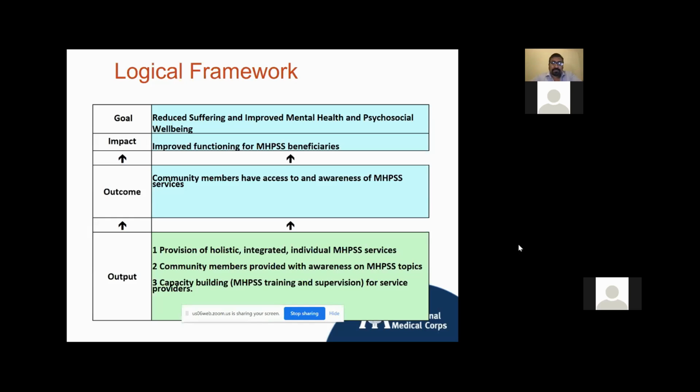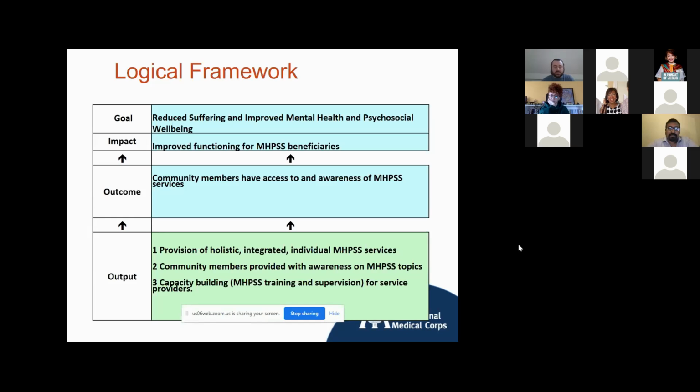In this case, we have chosen to go with measuring function levels for people who are accessing MHPSS services. This is due to the holistic nature of the service provision model that is provided, where ideally a person who is in need of MHPSS services can access a range of services to best meet their needs, as outlined in the care plan that is developed by them and by their case manager.